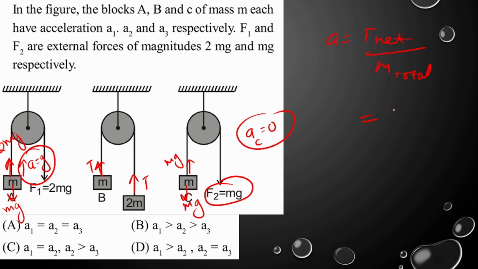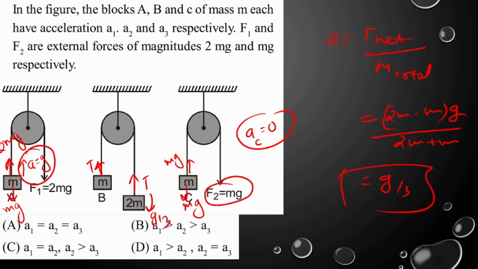F net is (2m minus m) into g upon (2m plus m), so this is g by 3. For this block the acceleration is g by 3 downward, and for this block g by 3 upward. So acceleration of 1 is greater than 2 is greater than 3.